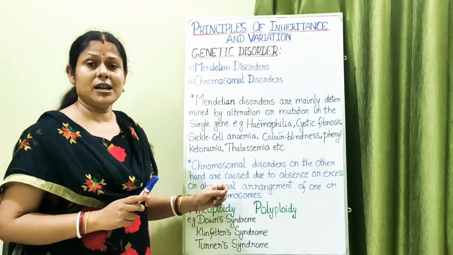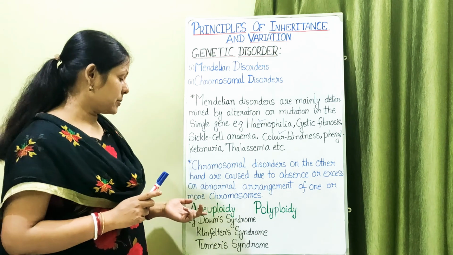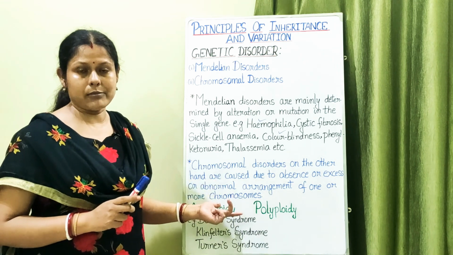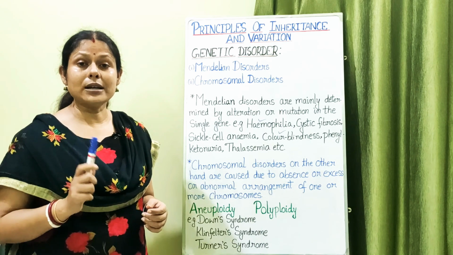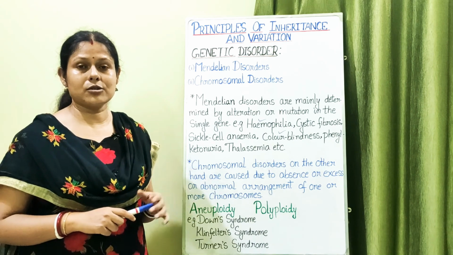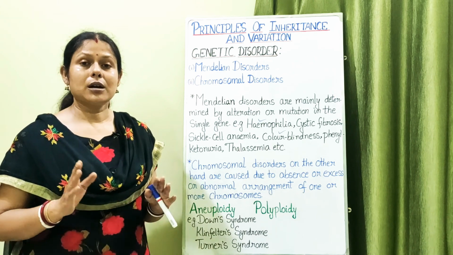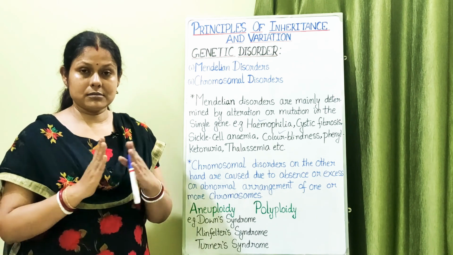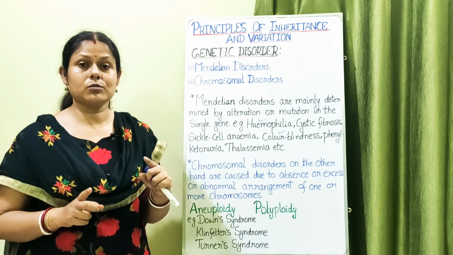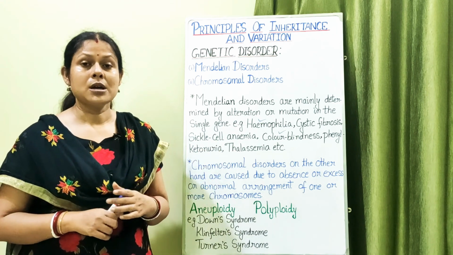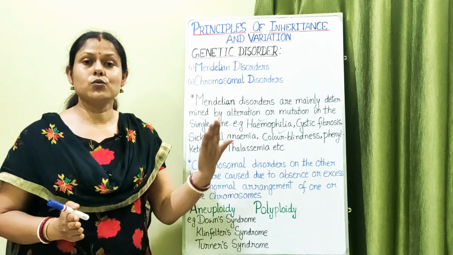Langdon Down in the 19th century, that is 1866, found this abnormality in human beings, that is the trisomy of the 21st chromosome. That means when dissociation of the chromosomes is taking place, one extra chromosome, number 21, fails to dissociate from each other and is taken to one pole.